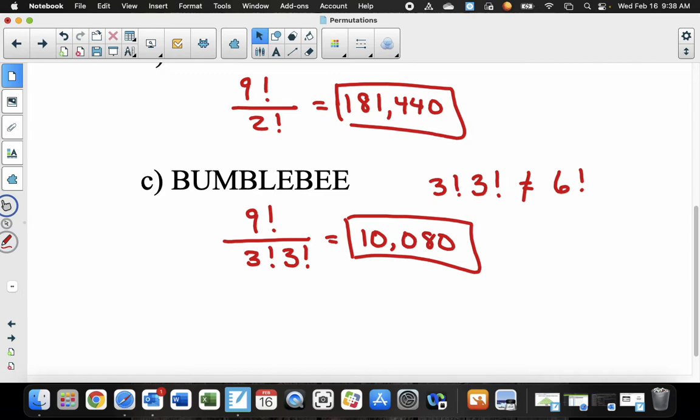If you type it in like this, what the calculator is going to do is take 9 factorial divided by 3 factorial, get an answer, and then multiply that answer by 3 factorial. That's not what you want. You want it divided by this entire quantity. So if you have something like that, make sure you put the parentheses. Make sure you tell the calculator, divide by this whole thing.